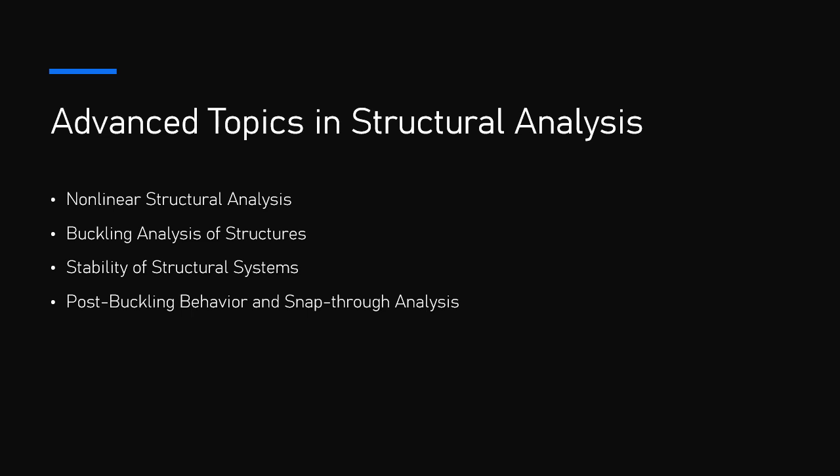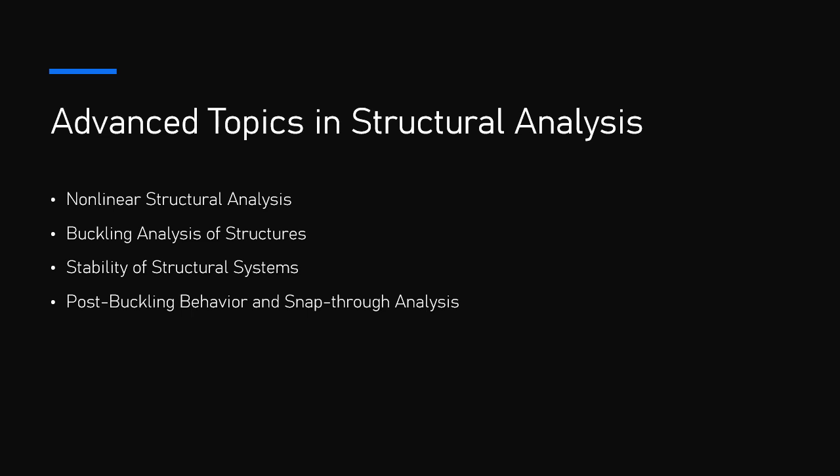4. Snap-through instability. Snap-through instability occurs when a structure experiences a sudden change in configuration due to a small disturbance or load. An example is thin plates or membranes that undergo large deformations and snap from one stable configuration to another.